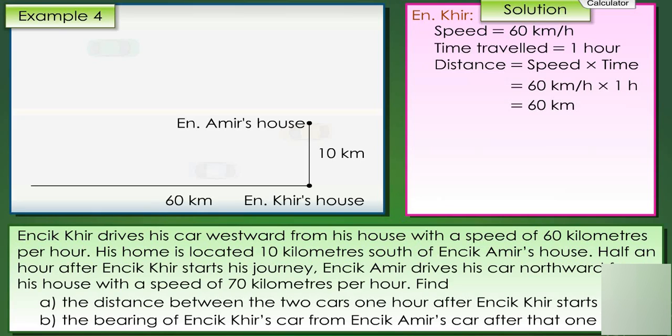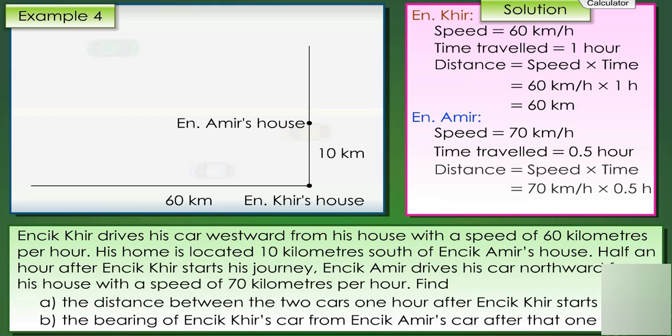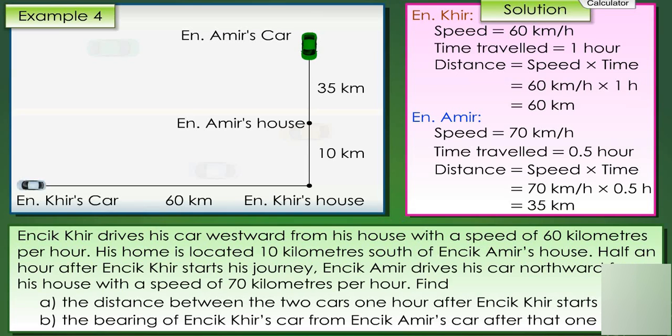Now, half an hour after Eunchik Khair starts off, Eunchik Amir drives from his house towards north. His speed is 70 kilometers per hour. So, after the next half an hour, the distance from his house is 35 kilometers. So, the distance between the two cars is the length of this line.